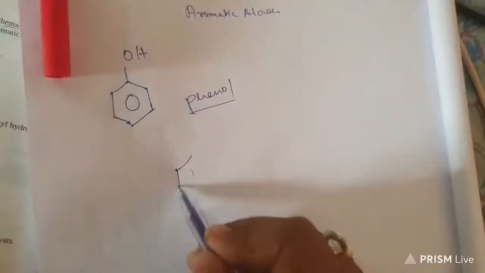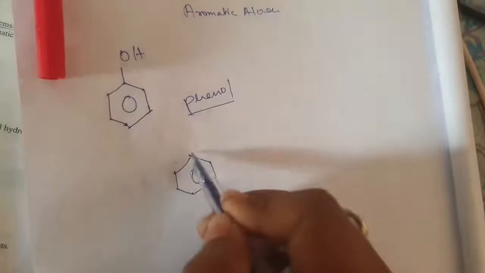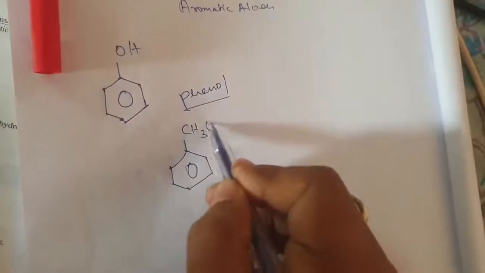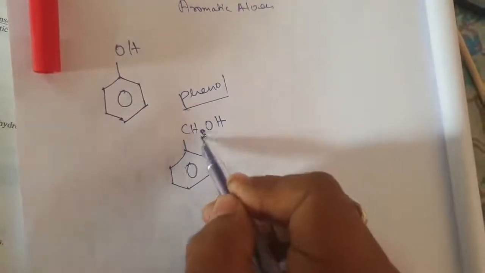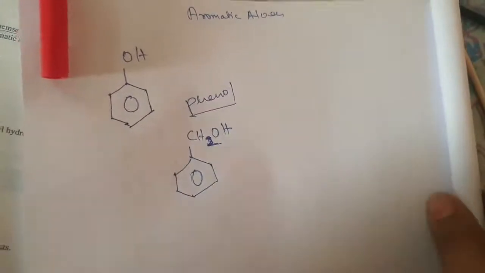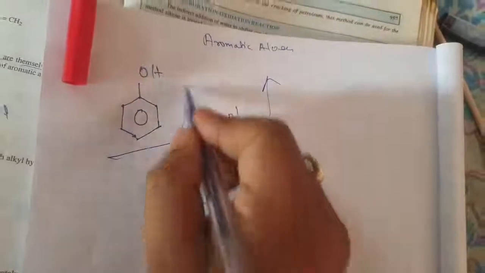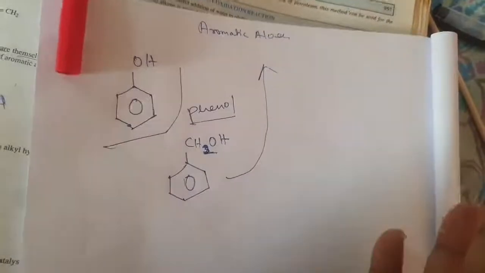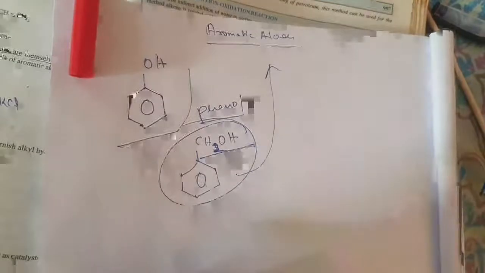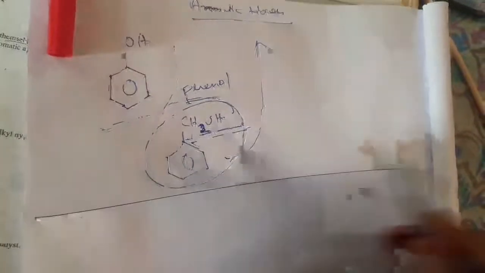But if I say this is an aromatic alcohol, the difference from phenol is obvious: phenol is an aromatic compound. But when we say aromatic alcohol, remember substituted alcohol. Getting my point? So we are talking about substituted alcohols.